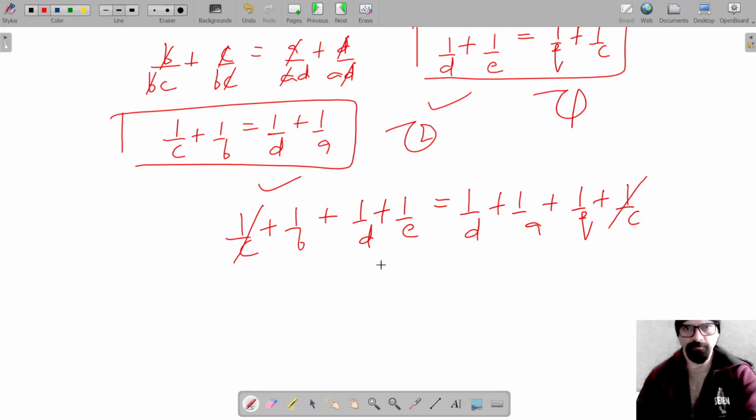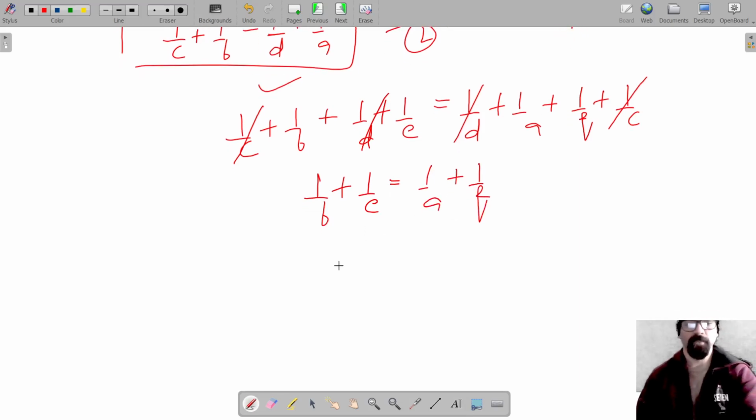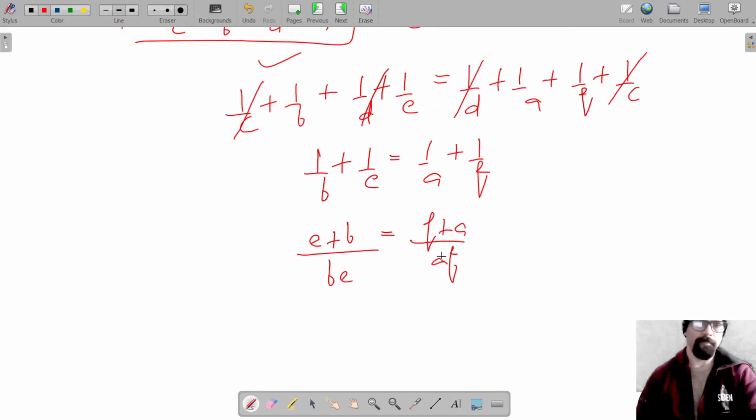This gets cancelled and this gets cancelled. So finally, I have 1 upon B plus 1 upon E is equal to 1 upon A plus 1 upon F. And if I take the LCM for these, this is (E plus B) upon BE is equal to (F plus A) upon AF.